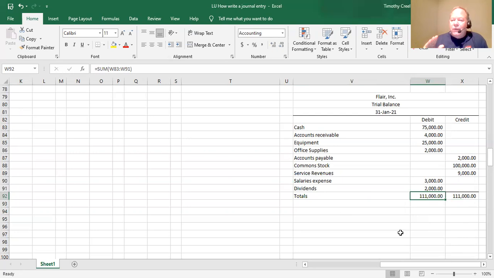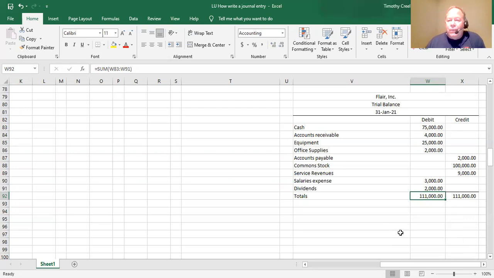Now, the trial balance would be completed at the end of the period after all of the regular transactions have been journalized and posted to the accounts. We would go in and do a trial balance that shows that all our debits and credits are in balance before we move on. Now, there would be other versions of the trial balance.